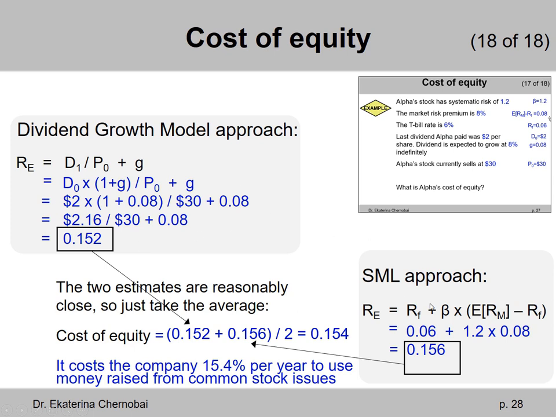Maybe you always trust the SML approach better because it counts for expected future risk, the beta. So maybe you just don't even do the dividend growth model approach. So your final answer would be 0.156.